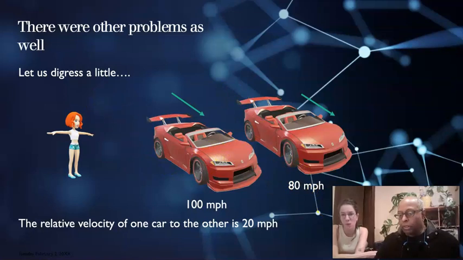And this person is an observer, not moving. She would see this car moving at 100 miles per hour and this car moving at 80 miles per hour. So this is common sense. There was nothing wrong with this picture, but then a problem happened.